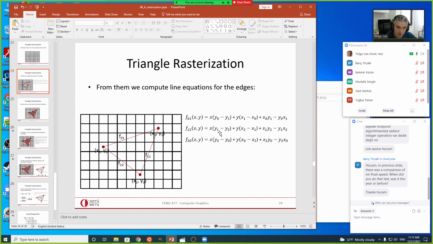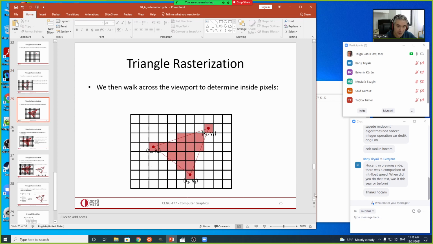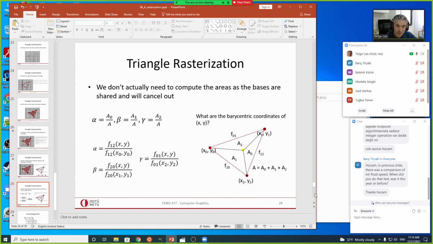If you look at the f12 function, it gets the vertices 1 and 2 as the constants, and x, y is the parameter that we plug into this line function. So if you plug your pixel coordinates into your edge function, and if you also evaluate it at x0, y0, then x0, y0 is the farthest it can be. This is f12, so f12 at x0, y0 is the farthest it's going to be.